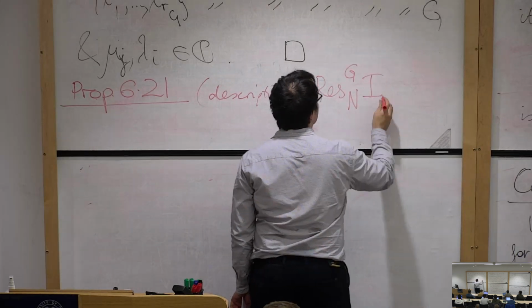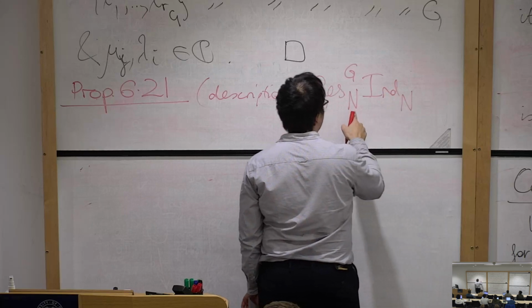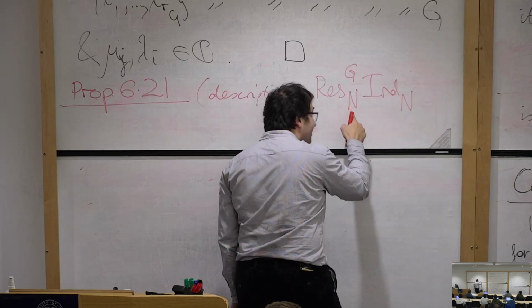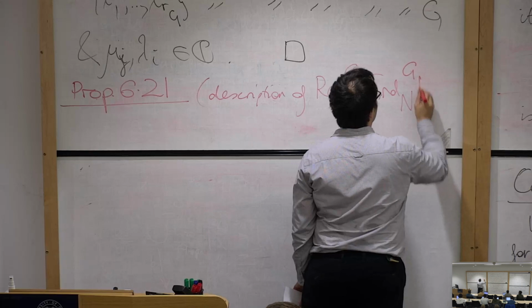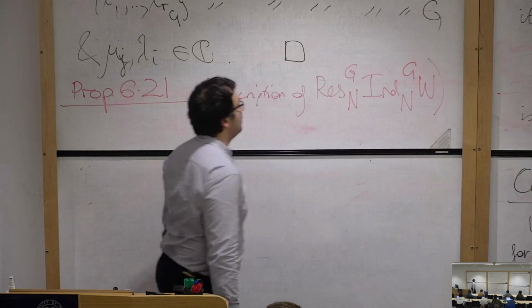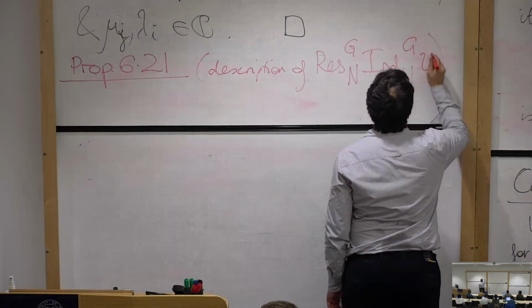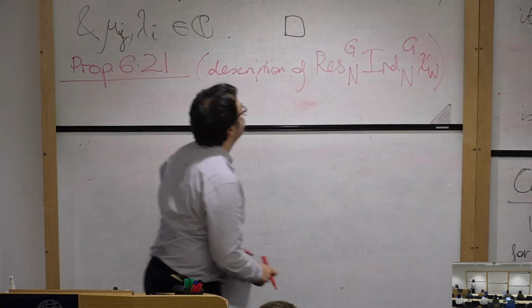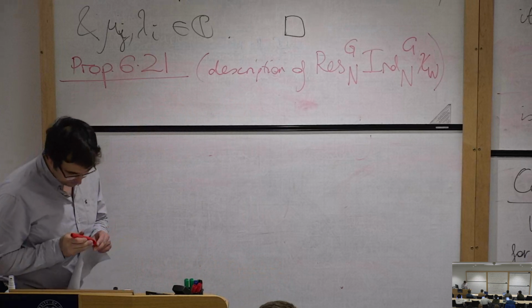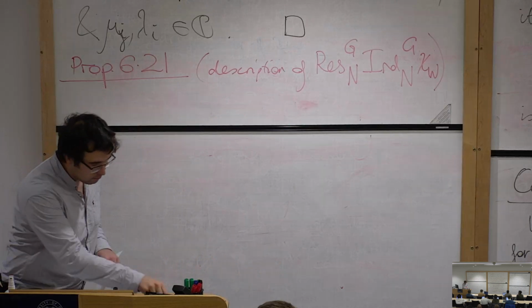And this is very nice. If N is normal, and I'm only interested in the action of N itself on the induced representation, and actually only the character, then you get a nice formula.